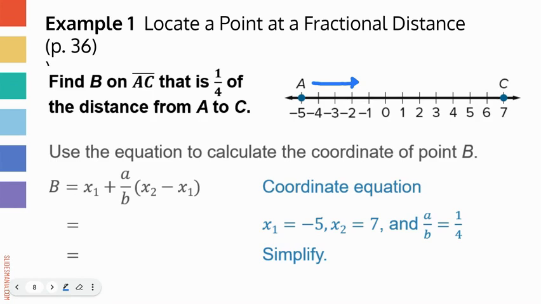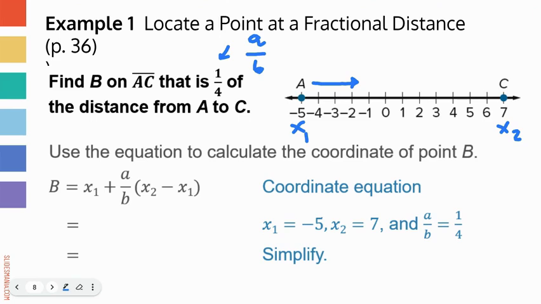So point A is going to be our x1. So x1 is -5. Point C is going to be our x2, and that is 7. And then the fraction they give us, that's our a over b.